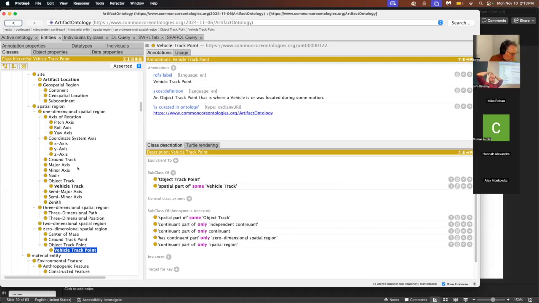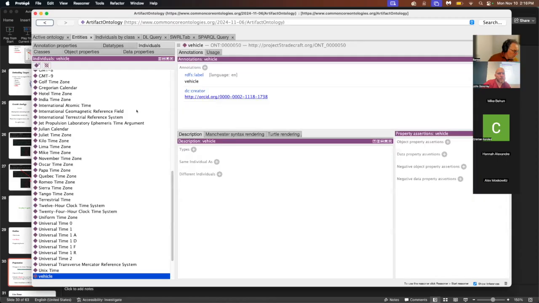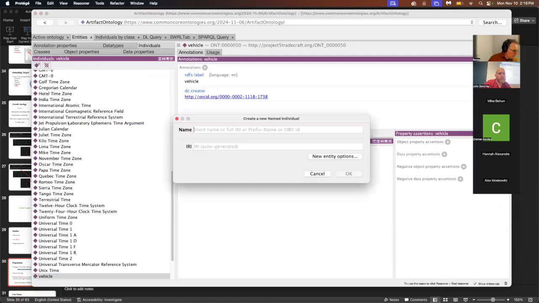Yeah, you certainly, if you put an axiom that had located in, you get a contradiction if you linked it between the object track point and the vehicle. Here's what I'm going to do. I'll put in vehicle. I'll put an object track point.